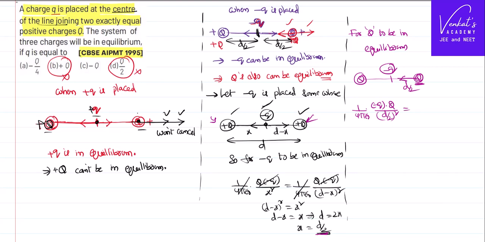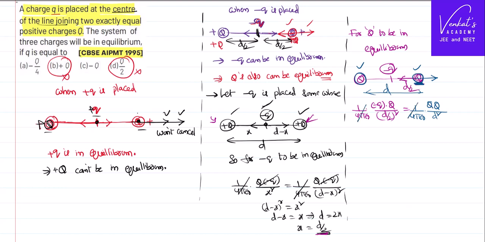Again, on this plus Q, the other Q also applies a repulsion because both are positive charges. What is the force between this capital Q and this capital Q? This capital Q is in equilibrium when these two forces are equal, Q and Q by this entire distance between these two, d square.